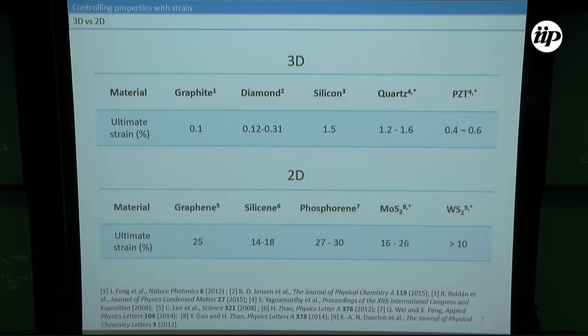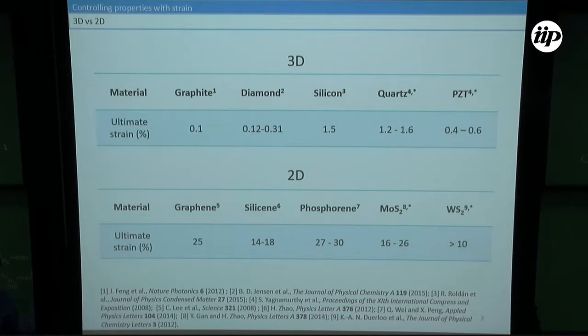Metals and polymers, like the previous case I showed, can go higher than that. But if you go to the 2D scale, you see that most materials can withstand very large amounts of strain. For example, here I also put some 2D piezoelectrics, MoS2 and WS2, and you can see that they can withstand very large amounts of strain.